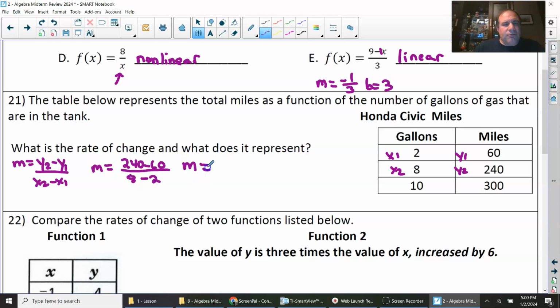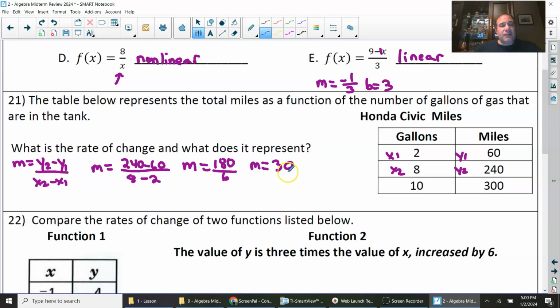If you put that all in the calculator, you will see exactly what you get. So this is 180 over 6, and then the calculator won't give you 180 over 6, but it'll give you 30.